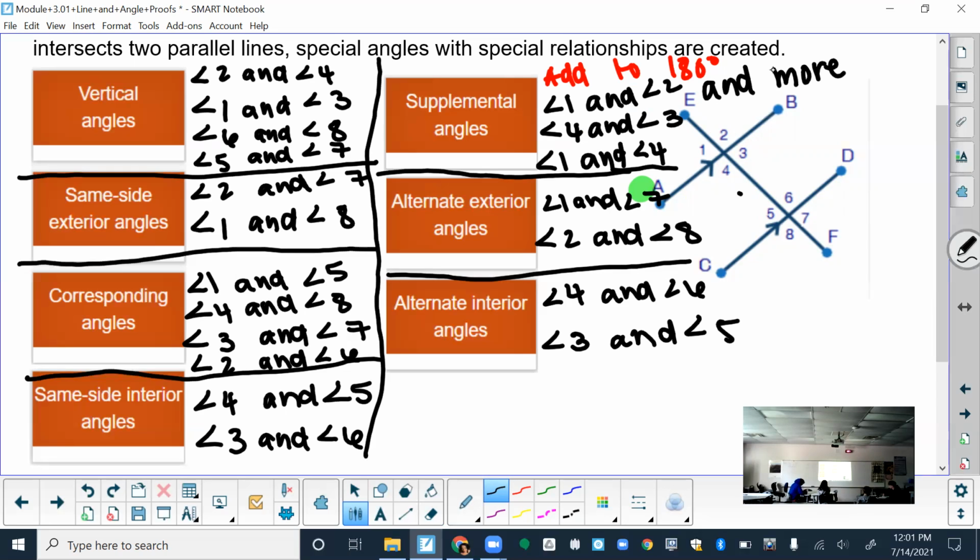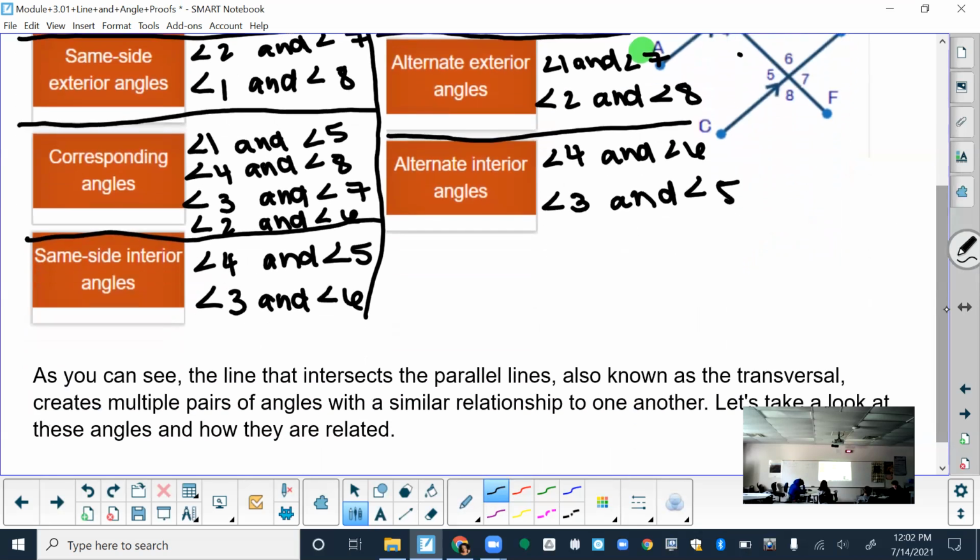All right, so as you can see, that bottom portion underneath that slide says the line that intersects the parallel lines is called a transversal. So I would highlight that part.